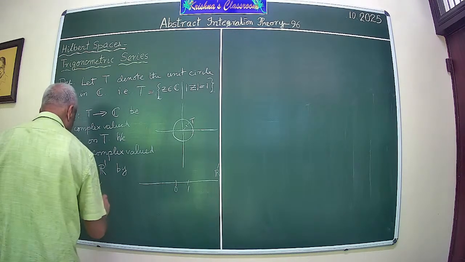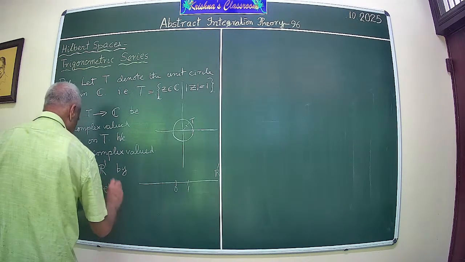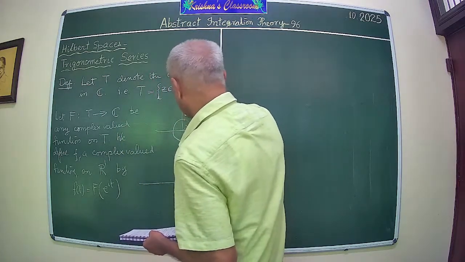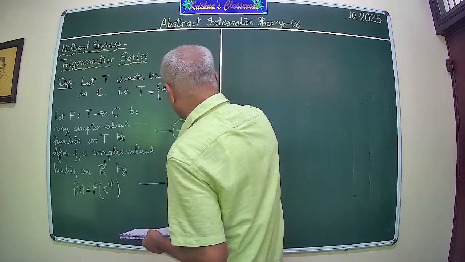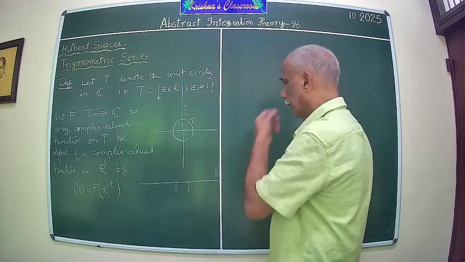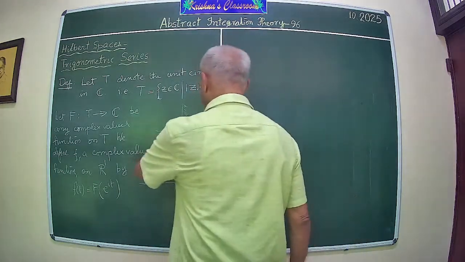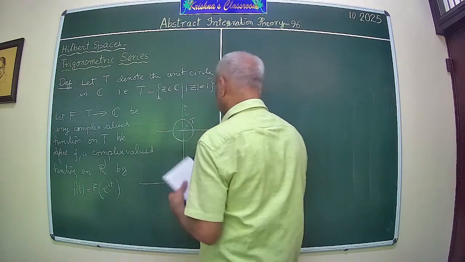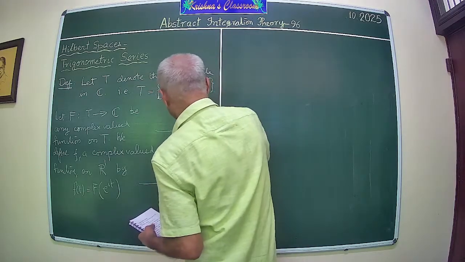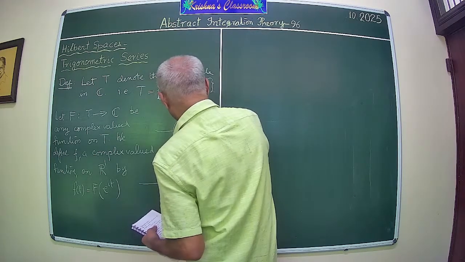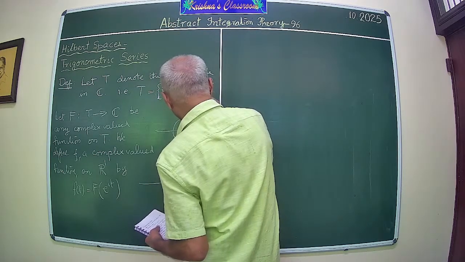capital F of e to the power it. Now e to the power it is some point over here, and as t ranges over this, it is equal to cos t plus i sin t.